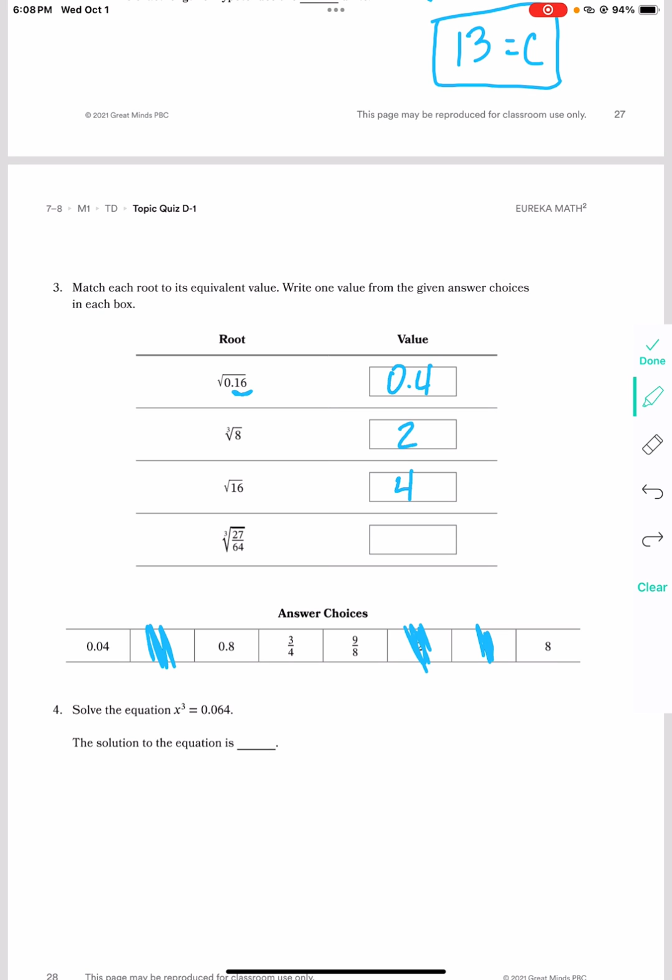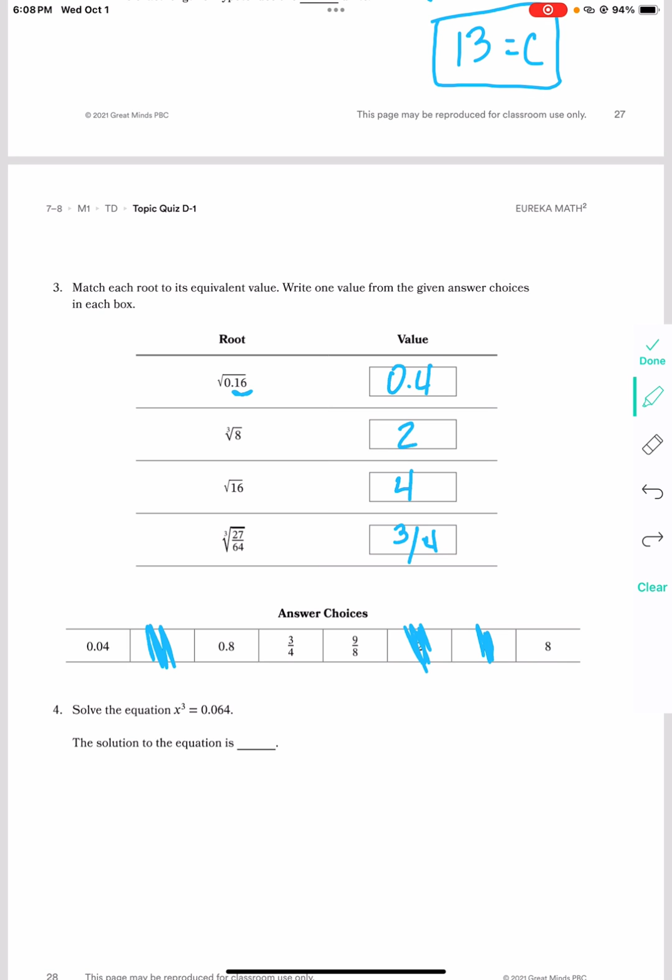Remember, I told you guys, when you're trying to square or cube fractions, you can take the numerator by itself and take the denominator by itself and figure out if those numbers by themselves have a cubed or square root. So if I look at 27, I know that the cubed root of 27 is 3. And if I look at 64, I know the cubed root of 64 is 4.